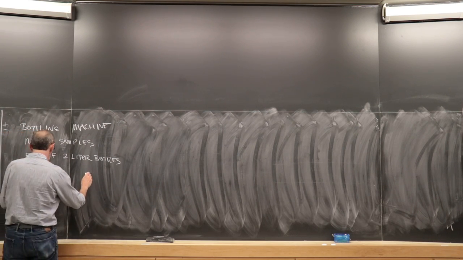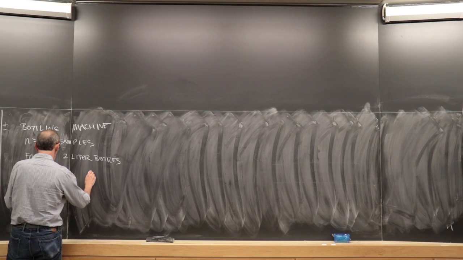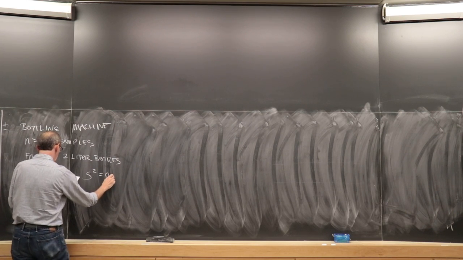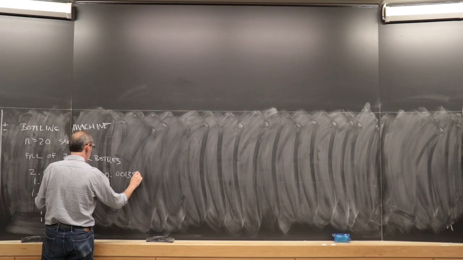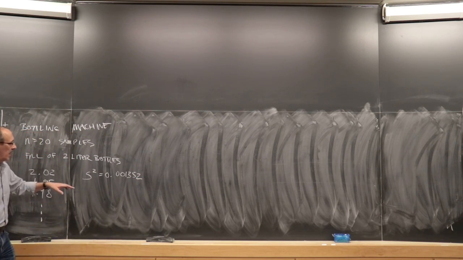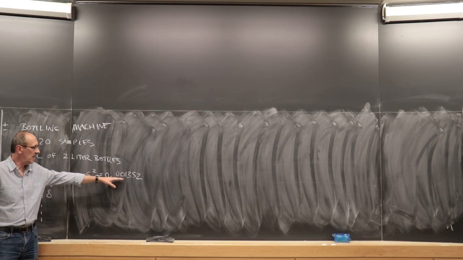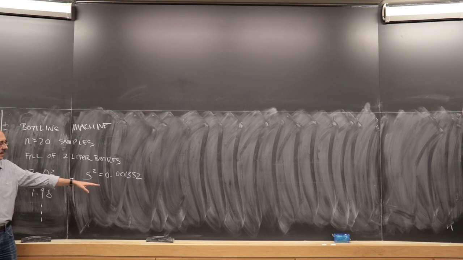And we find that the sample standard deviation for these 20 is 0.001352. Okay, wow, isn't that amazing precision? It's 1/1000th for 2 liter bottles.